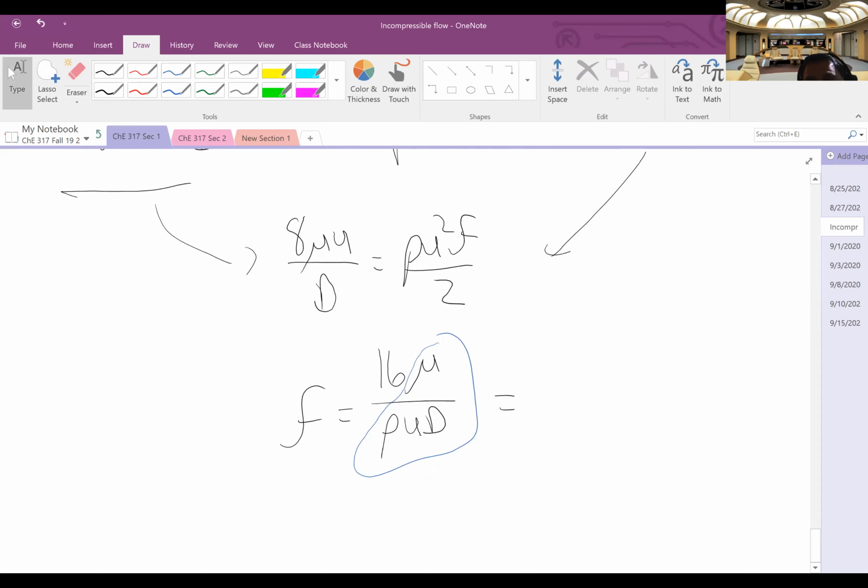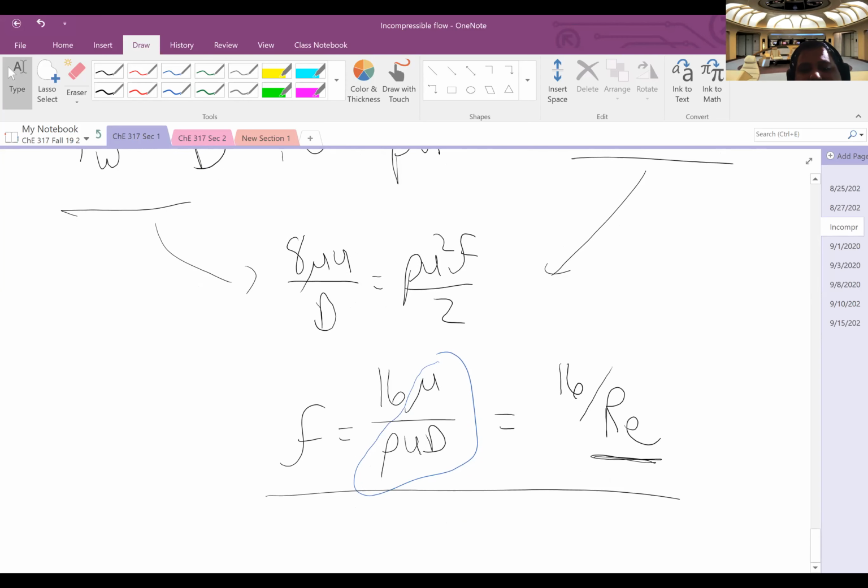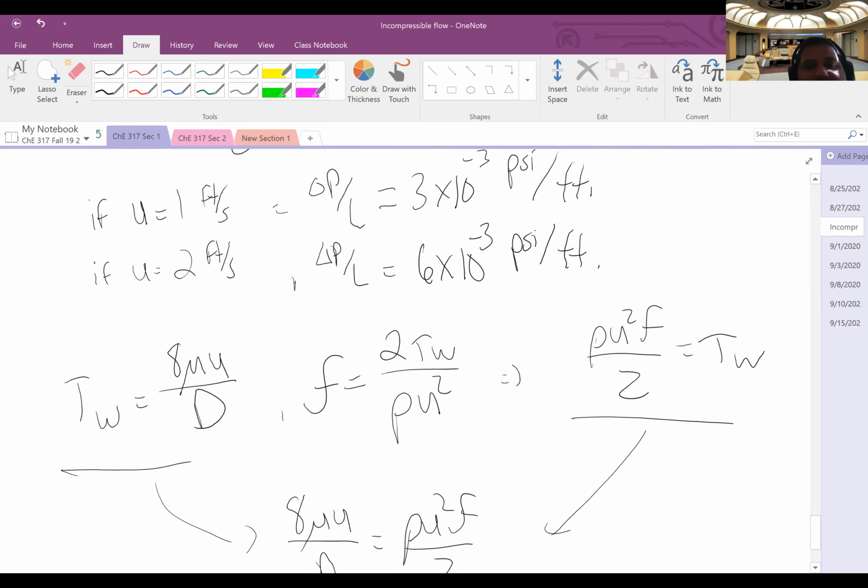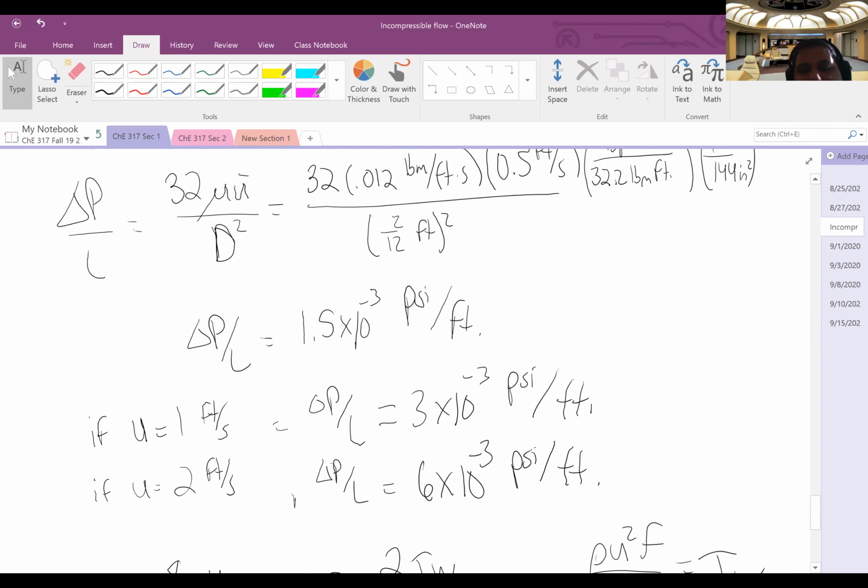Correct, which tells us that to find the friction factor in laminar flow, it's simply 16 divided by the Reynolds number. Going back to the question I asked earlier, we see that increasing the Reynolds number decreases our friction factor, even though increasing the Reynolds number, i.e. our flow velocity, would result in an increased pressure drop.